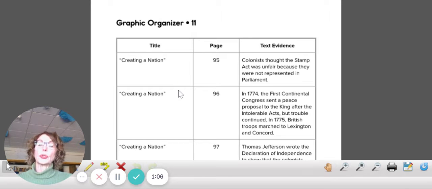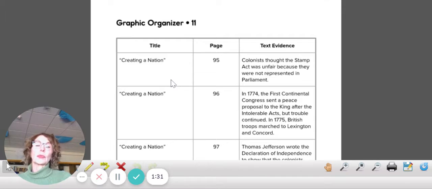In order to use text evidence when responding to that prompt or question, of course, the student had to go back and reread. And as he did so, he took notes and he used a graphic organizer. As he read, he listed information in order, the order in which it occurred, on the graphic organizer.